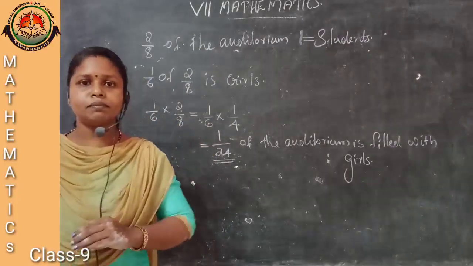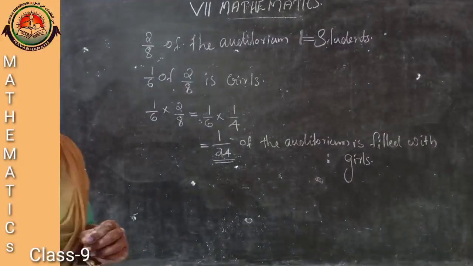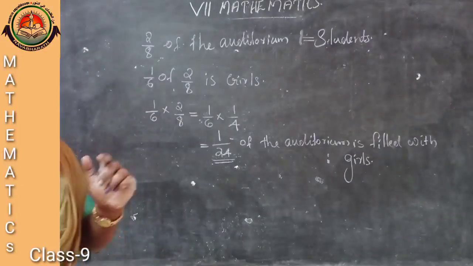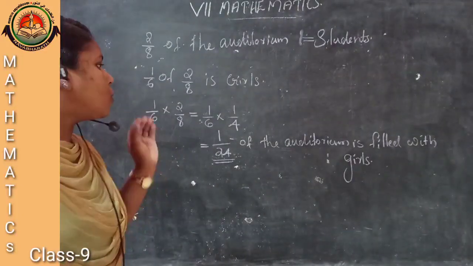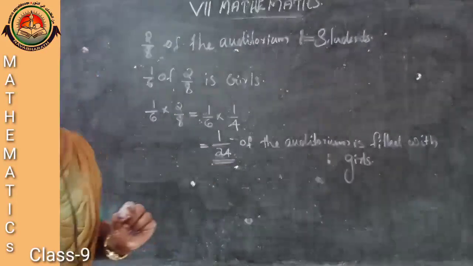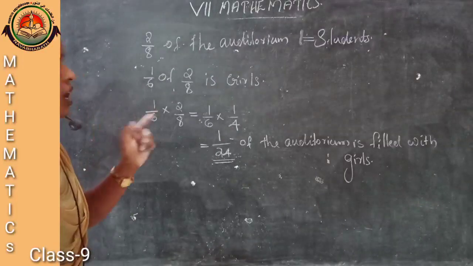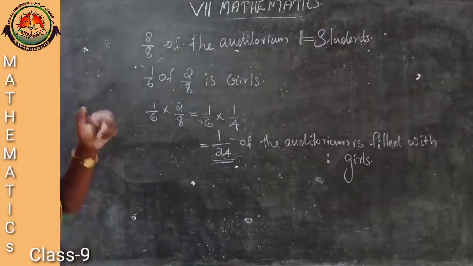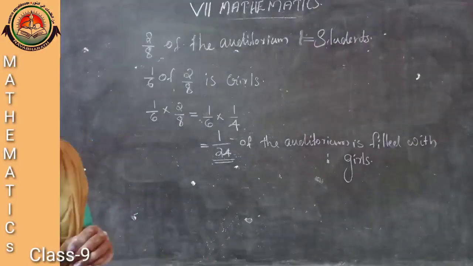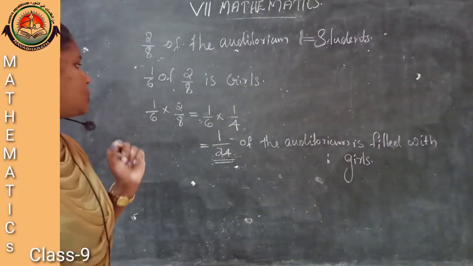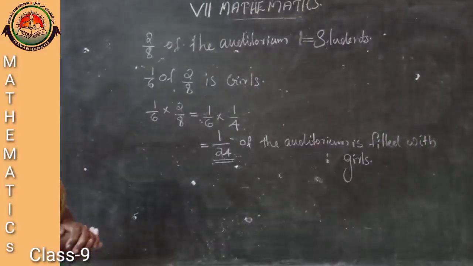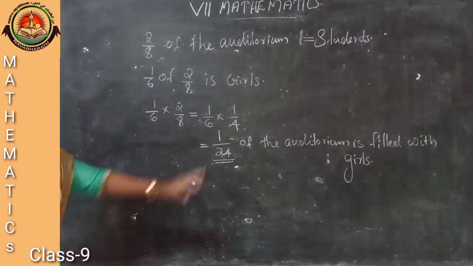Okay, very simple. First of all, it is given that 2 by 8 of the total members in the auditorium is students. Out of this 2 by 8, 1 by 6 are girls. That is 1 by 6 into 2 by 8, which means 1 by 6 into 1 by 4.